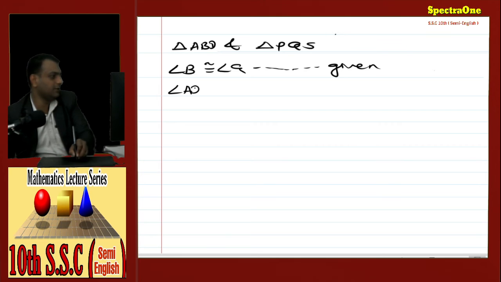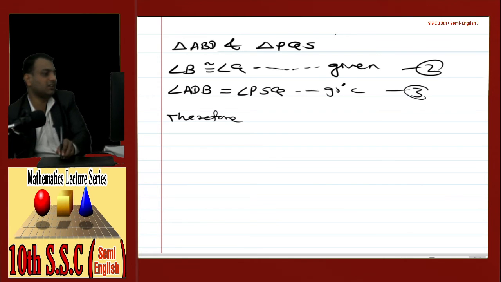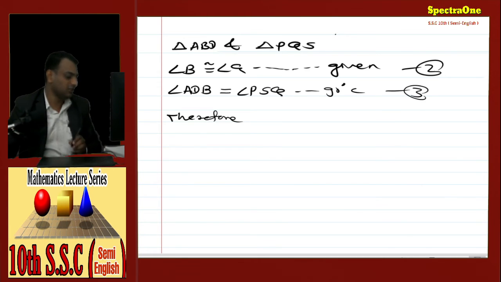Angle ADB equal to angle PSQ, that is 90 degrees. Therefore, suppose this is equation number second, this is third.